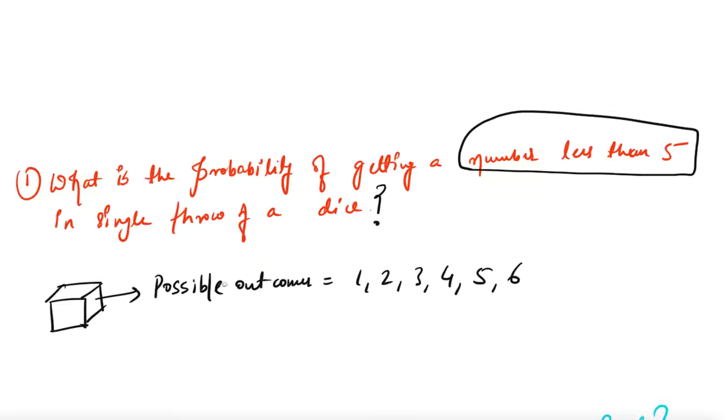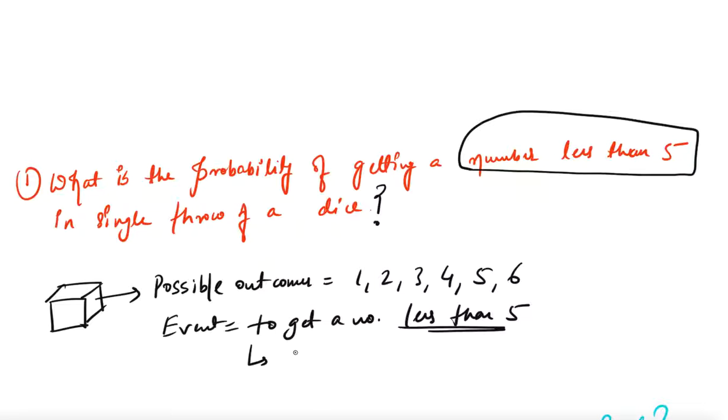Now in the question, the event is to get a number less than 5. Less than 5 means what? Either I can get 1, 2, 3, 4. Can I include 5 in this? No, I won't include 5, because I want a number less than 5.